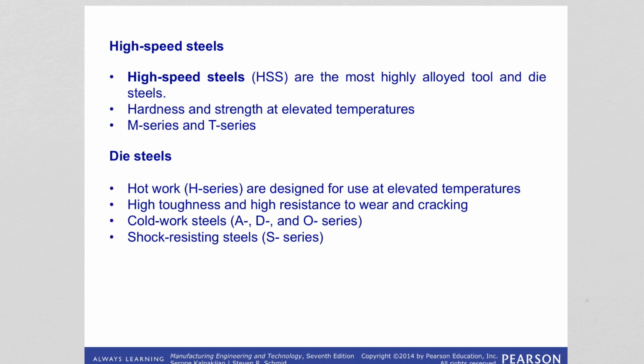And of course, these are used in operations such as extrusion and forging, so they provide good wear resistance and low distortion. The next is shock resisting steels, S series.